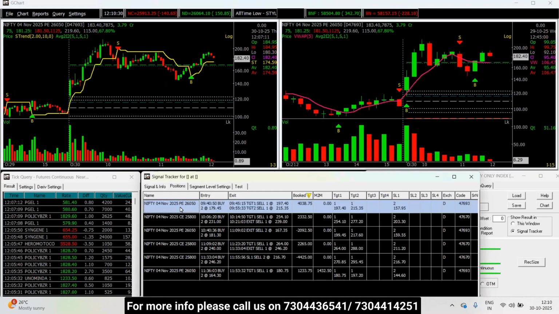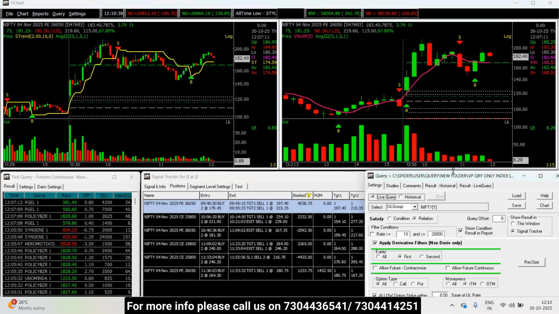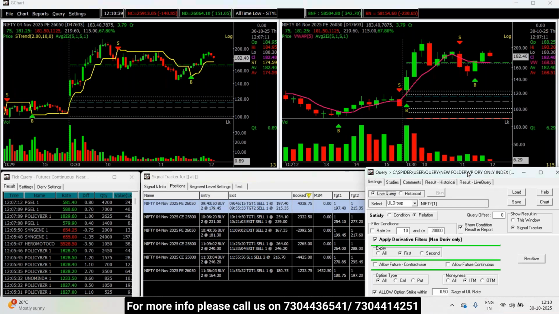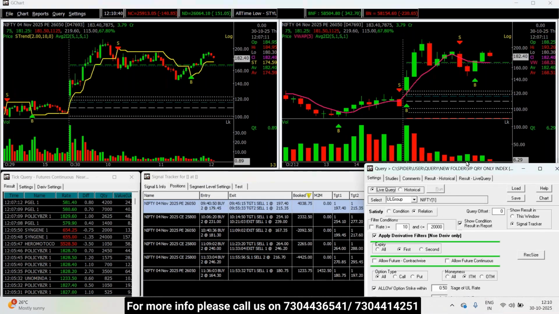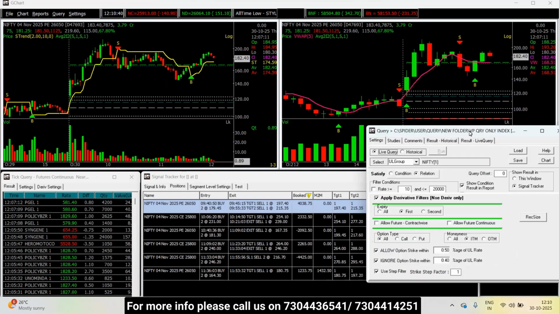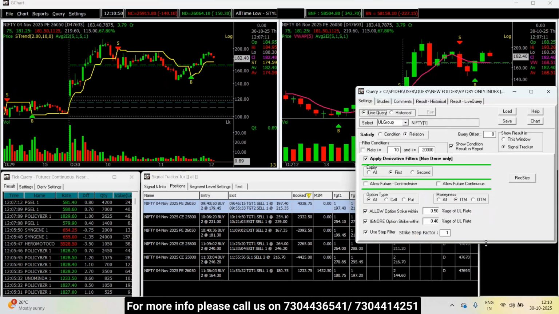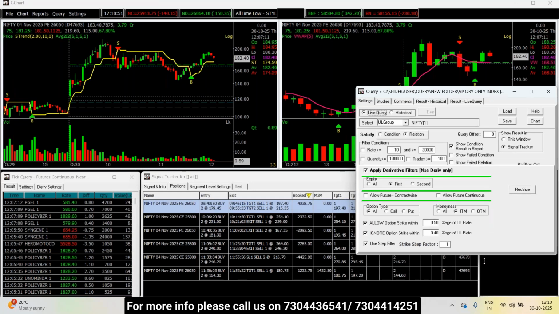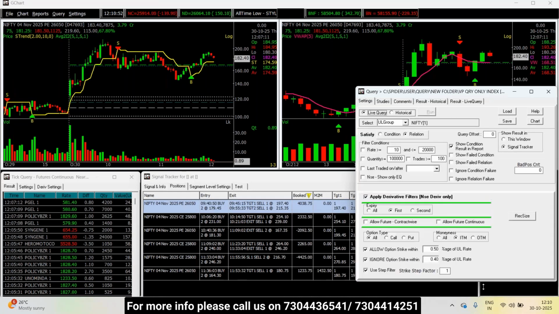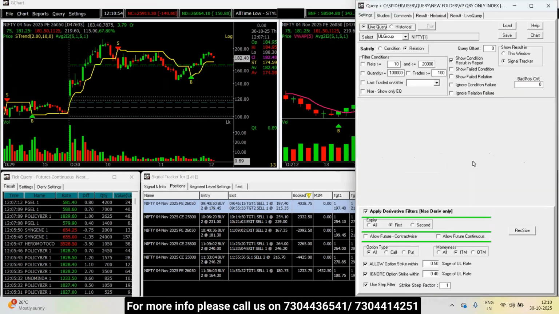For example, here we got a signal. This is the technical query, and in this technical query we need to make a query. Initially I took the Nifty only, as you can see here.